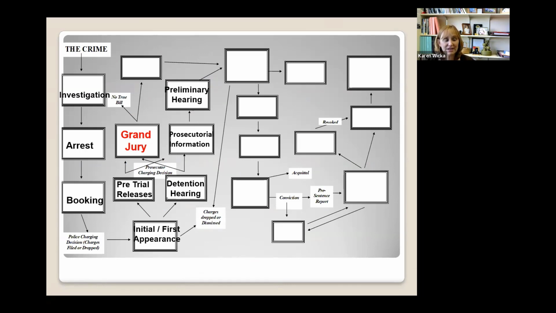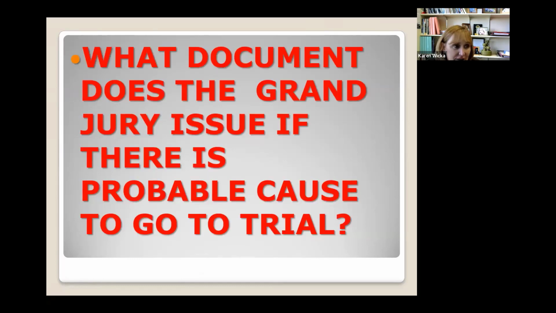And the grand jury has to review all the evidence from the prosecutor and make a decision whether or not there's probable cause to continue. So with the prosecutorial information, it was just the judge that made that decision. With a grand jury, it's a group of 23 people that make that decision.